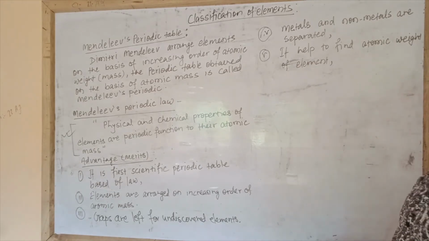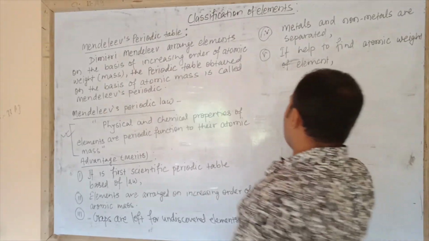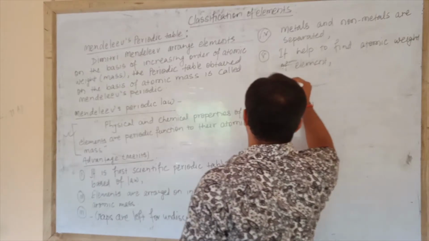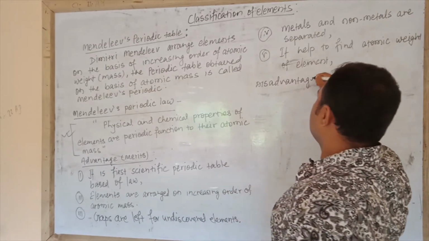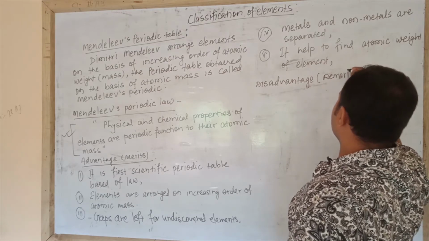These were corrected by Henry Moseley in the modern periodic table, and here we write the disadvantages or demerits of that periodic table.